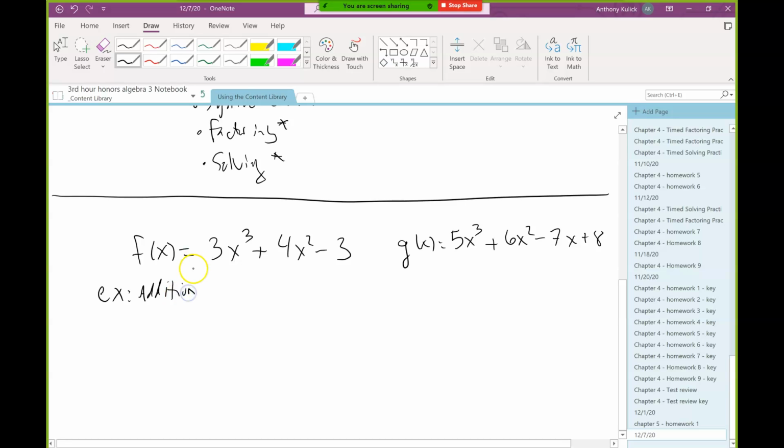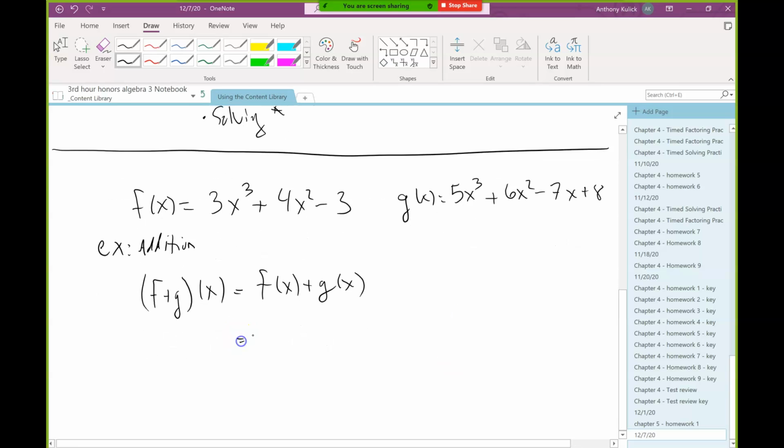So if I want to talk about the addition of these two polynomials, if I want to know the function f plus g of x, one of the really nice things about polynomials is to figure out that sum, we can just add the two individual polynomials. That's pretty dope, because that's easy to do.